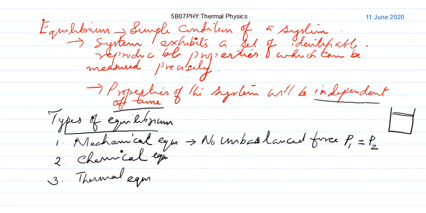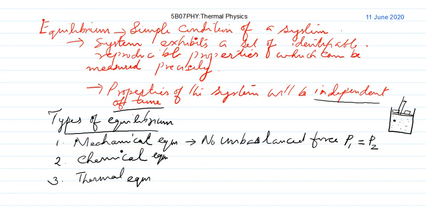That is a common system that we usually discuss. This is my mobile piston, and some gas molecules are there inside the cylinder. Suppose you are putting some weight over the piston, say some mg, including the weight of the piston.